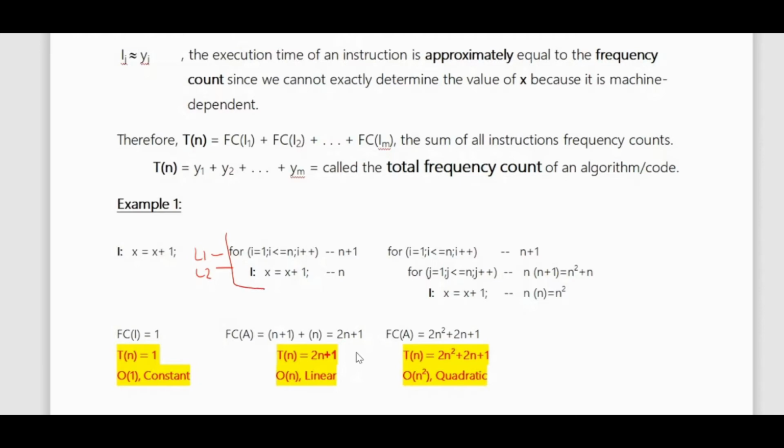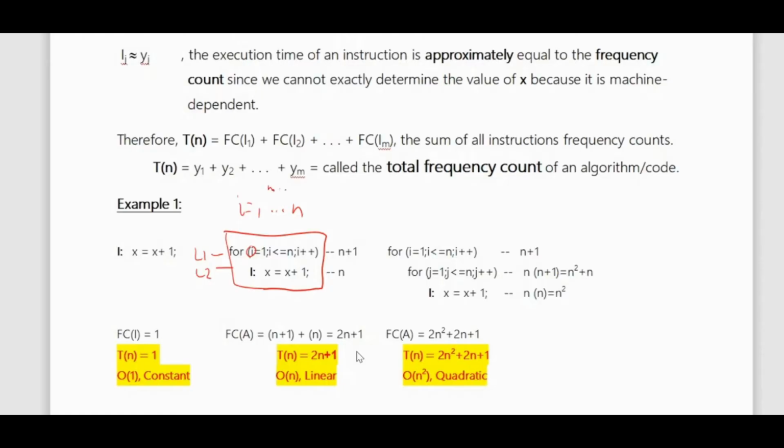And take note that this is a for loop. And the number of iterations of this for loop is n, right? Because the loop variable I is from 1 to n. And assuming that n is a positive integer, then this for loop will iterate n times.